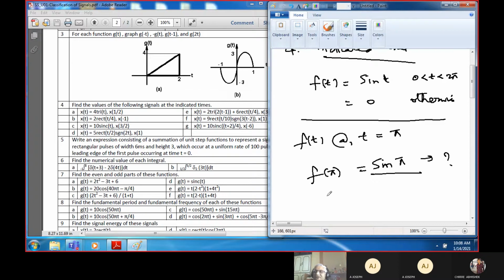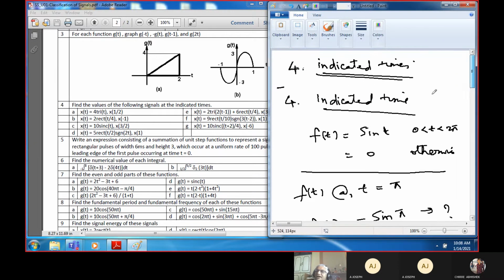Now, supposing I'm asking you, find the value of f of t at t equal to 4 pi. You have to be very careful when looking at the function. In this function, where is 4 pi? 4 pi is outside this limit. Normally you would have put sine 4 pi and calculated, but this function is different. This function looks like a sine wave only between 0 and 2 pi.